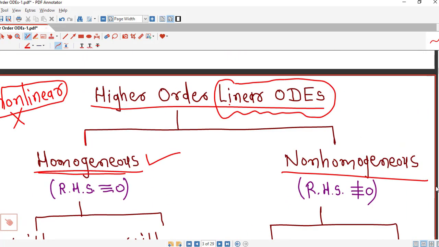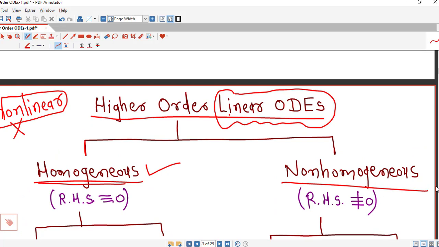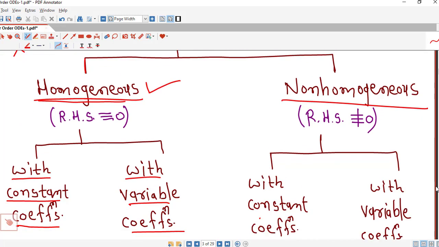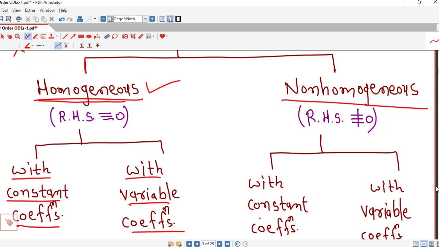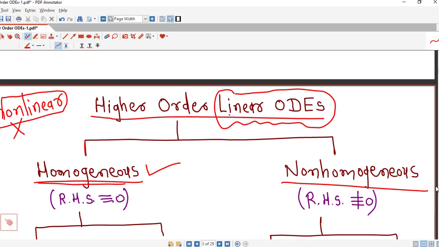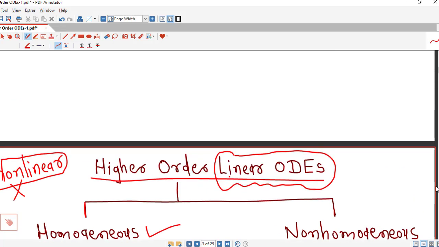So we will remember all these characterizations because the methods are different for solving homogeneous equations and for solving non-homogeneous equations. Again, methods are different for solving equations with constant coefficients and equations with variable coefficients. So the first thing is we must be able to identify the type of the given equation.